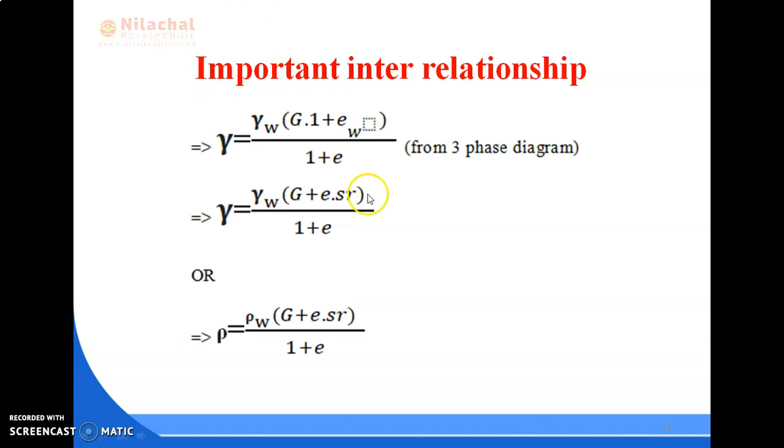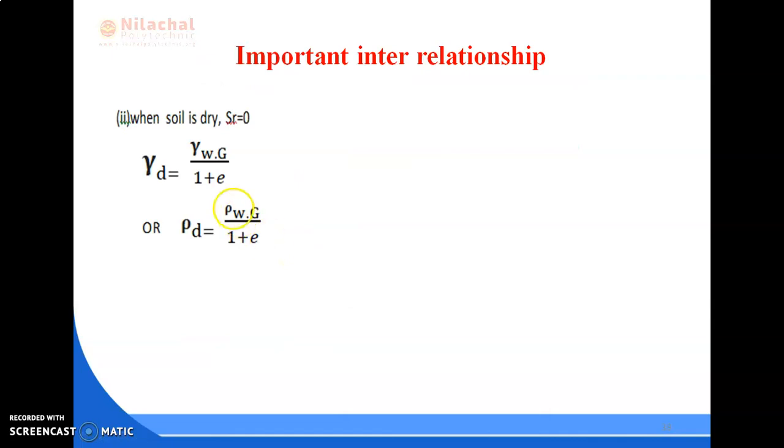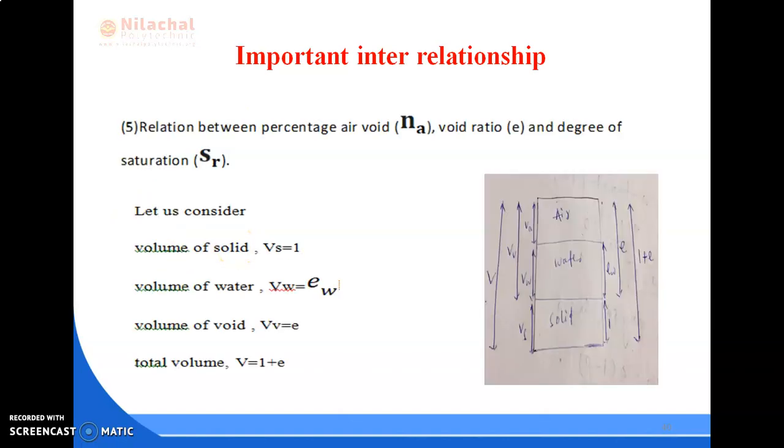As this is the actual relation, and SR value equals 0, the total term is 0. So the final output is G gamma W by 1 plus E whenever the soil is fully dry. So gamma D equal to G gamma W by 1 plus E, or in terms of rho, rho D equal to G rho W by 1 plus E.